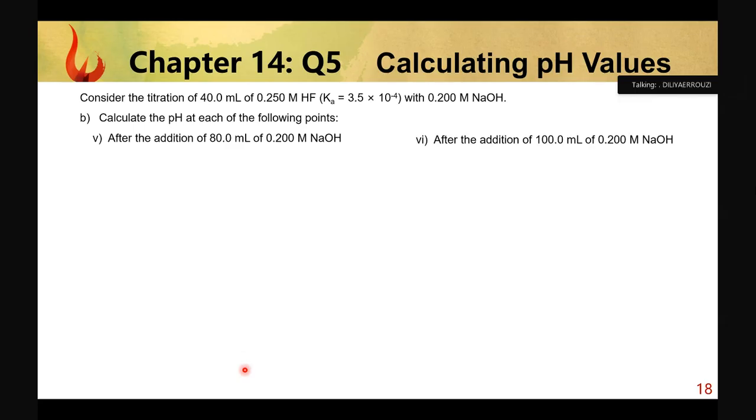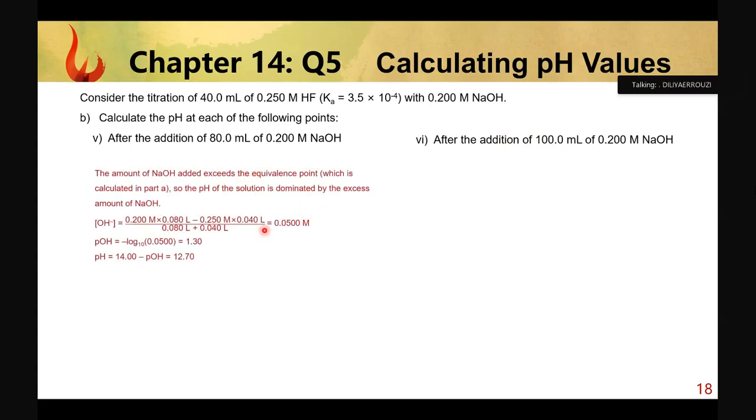Okay, the last two questions are how much is the pH when you add 80 ml of sodium hydroxide, and how much is the pH when you add 100 ml of sodium hydroxide? The first one is fairly easy.